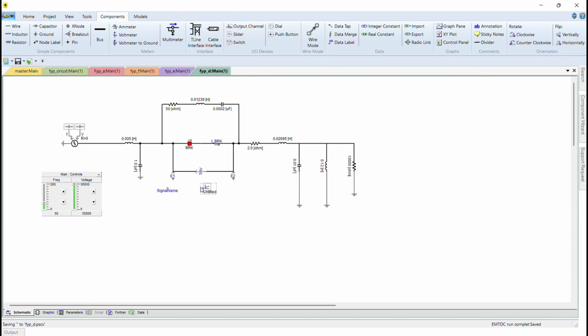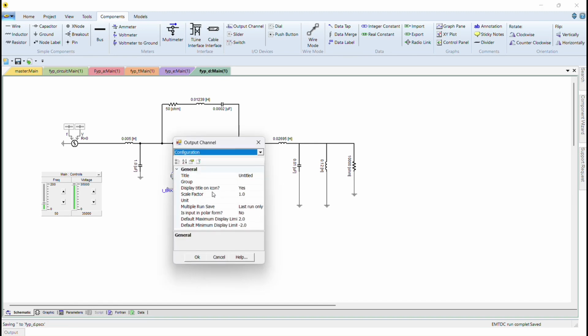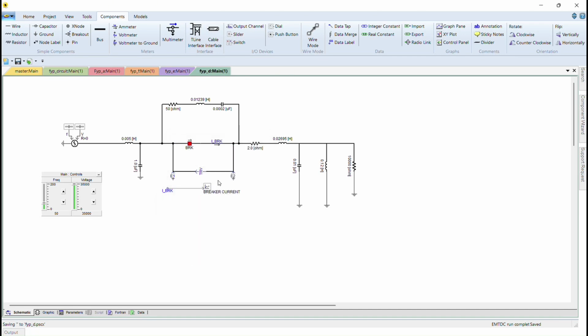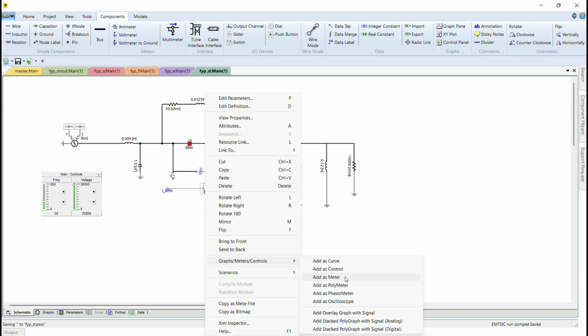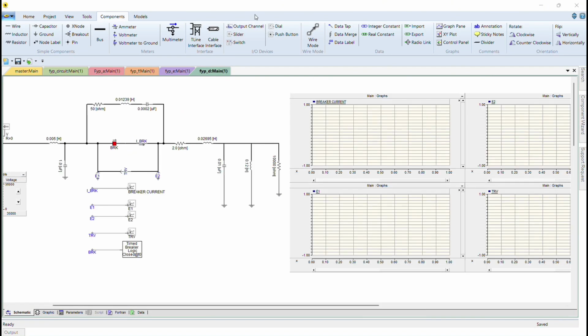Put a channel like this, then connect it like this, and also rename it like this. Also this. And then right click. Okay, so I will run this simulation.